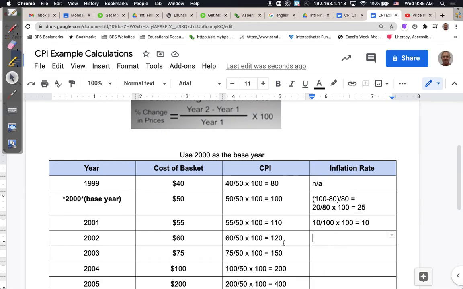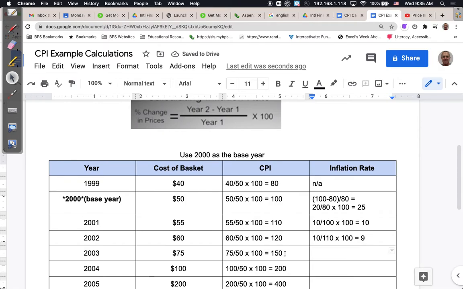All right, from 2001 to 2002, the CPI went up 10 points, but now we're comparing it to the 2001 number. 10 divided by 110 is 0.09 roughly, and 0.09 times 100 is 9.